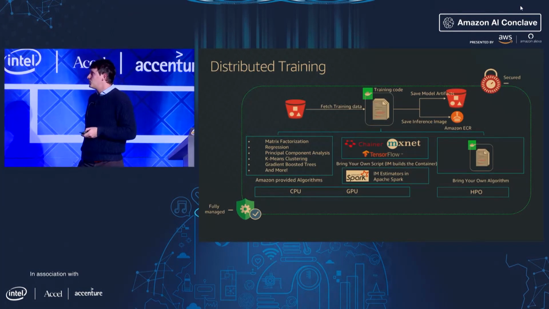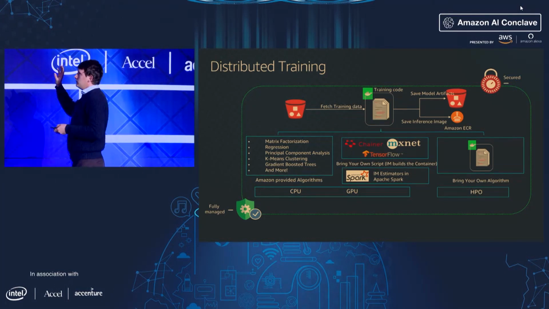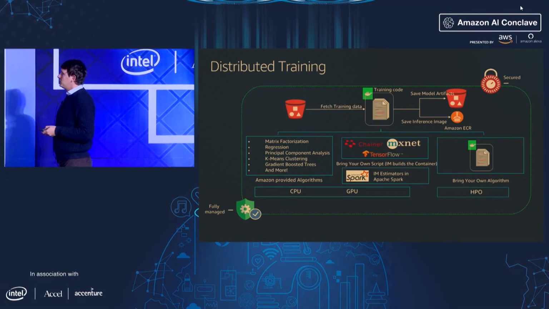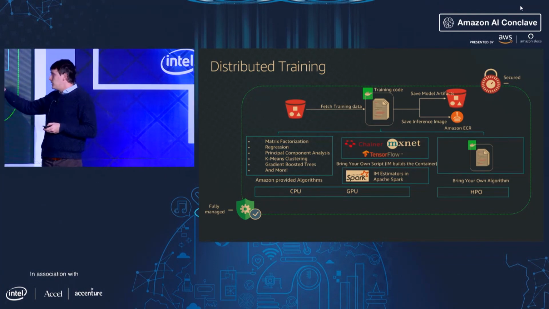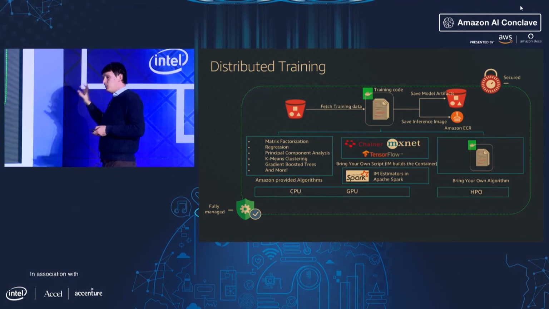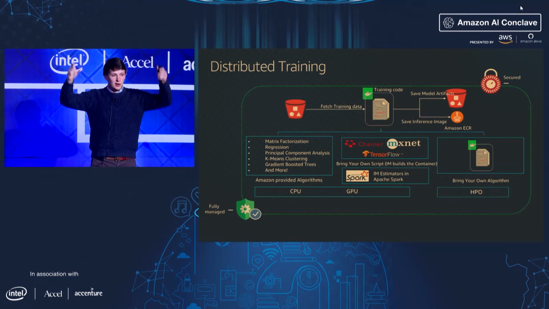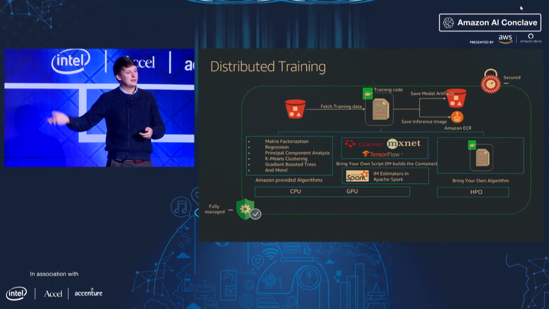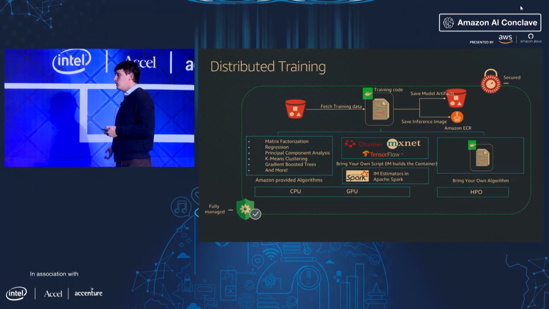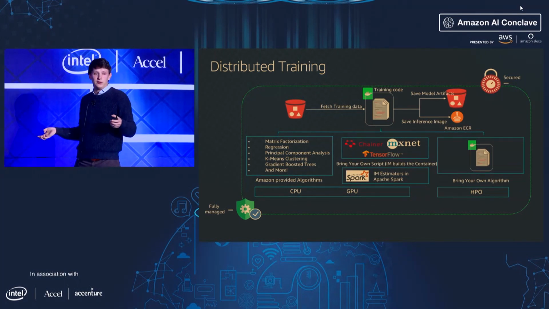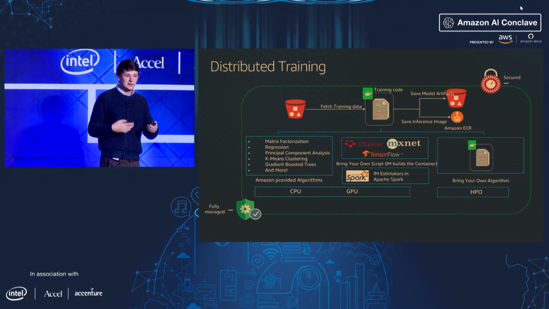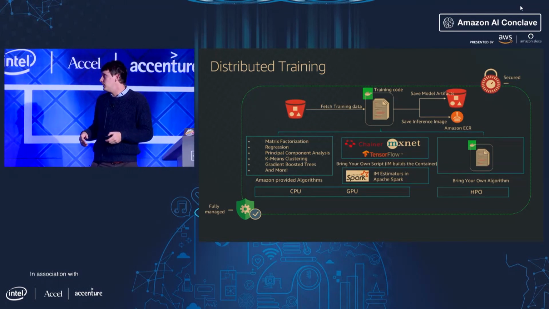So for the distributed training aspect of SageMaker, you basically pick either CPU or GPU machines. You say how many instances you want. You have a training script, TensorFlow, MXNet, scikit-learn. You can also bring your own Docker container if we don't have the estimators that you require.